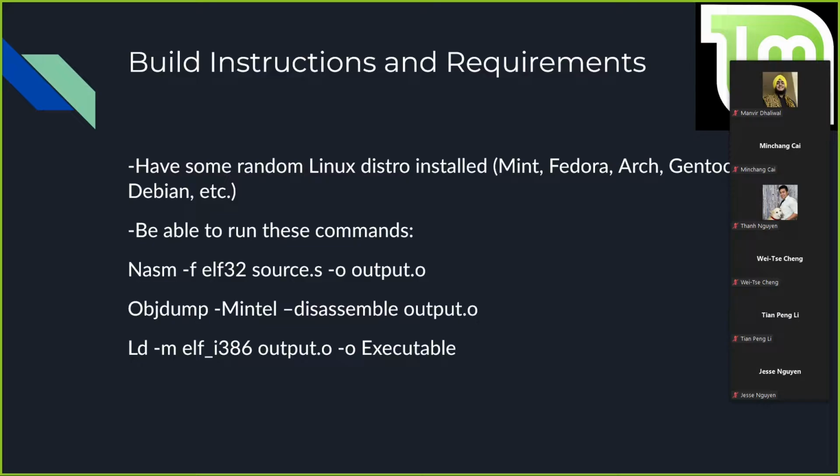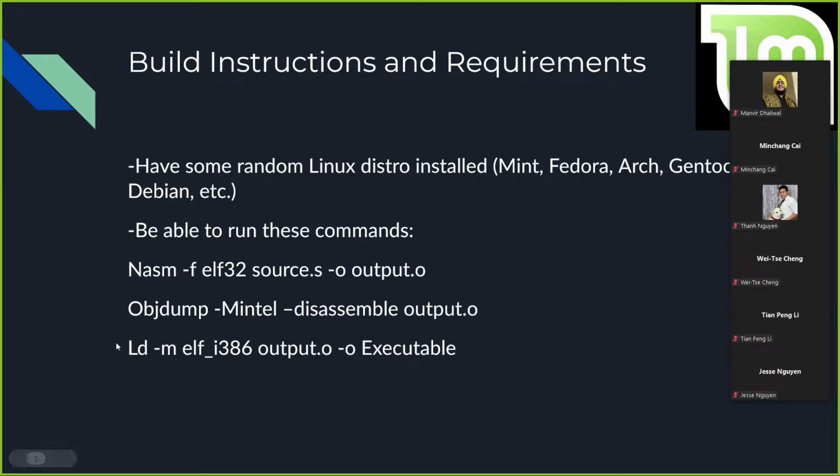When you assemble it, it gets turned into machine code, and when you run objdump, you're listing all the opcodes and so on. When you obtain machine code, you can either use the AT&T syntax model or the Intel syntax model. In this case, we'll be using the Intel syntax model.